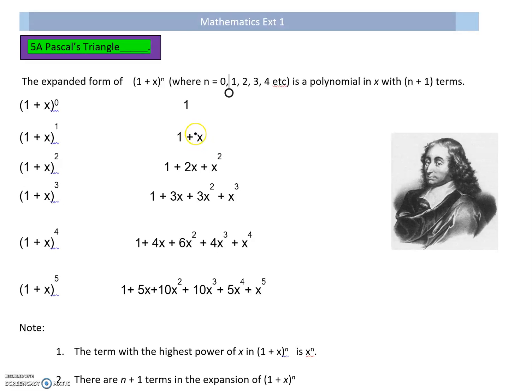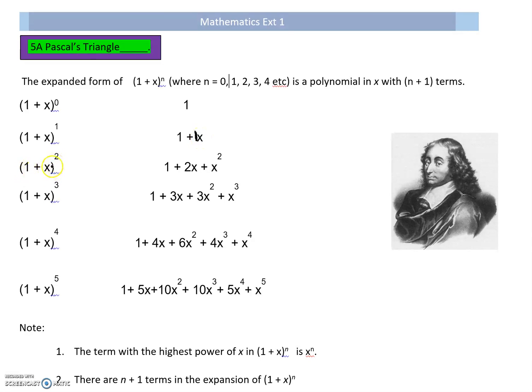It's 1 plus 1x. And there's nothing more to that. Just keep reinforcing these properties, which become so important later. When the power was a 1, we have 2 terms, and the numbers are 1 and 1.